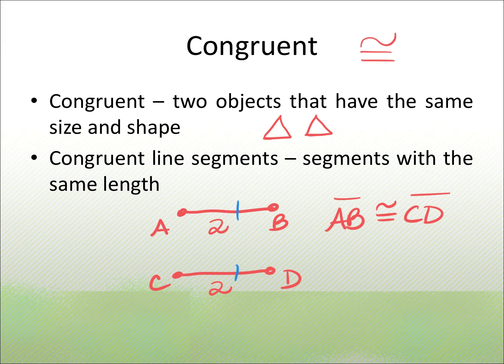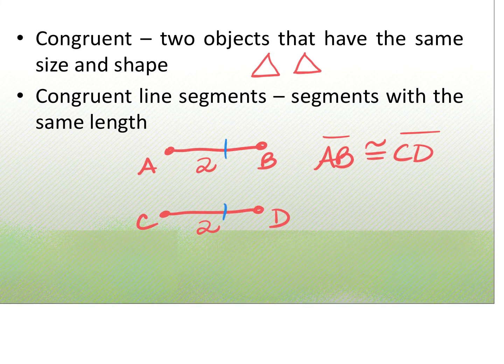The only thing you can assume in geometry is if they give you something that looks like this, you can say that that's a straight angle or a straight line.